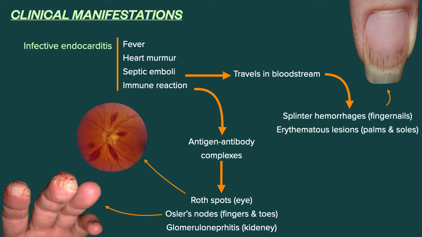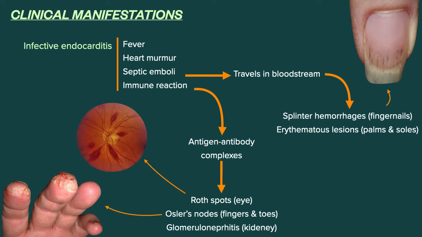Now, people with infective endocarditis almost always have a fever and a new heart murmur that results from turbulent blood that passes through a damaged heart valve.